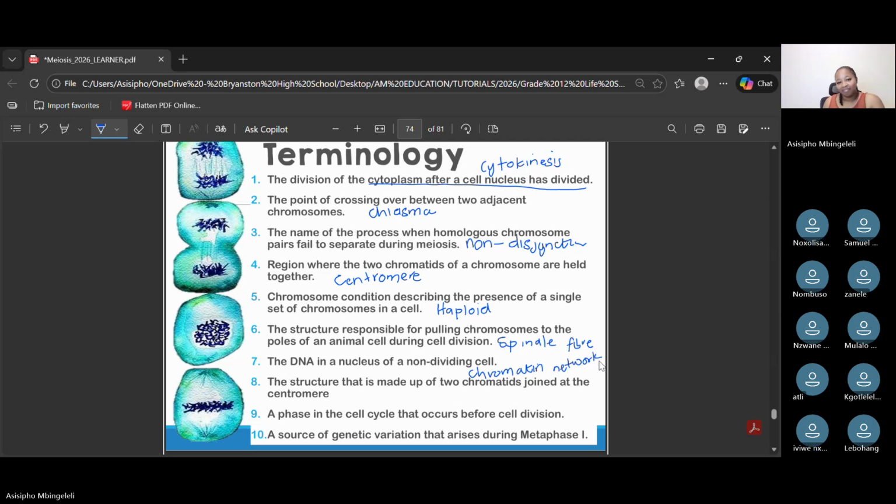Chromatin network. Why are we saying it's a chromatin network? If a cell is non-dividing, it's chromatin network. Then it condenses to form chromosomes when the cell is about to divide. So that's why we have chromatin network.